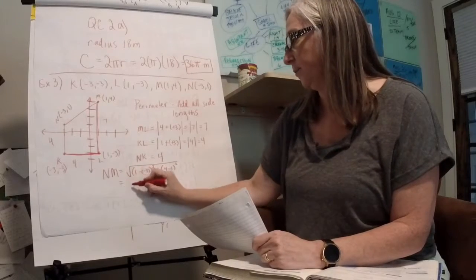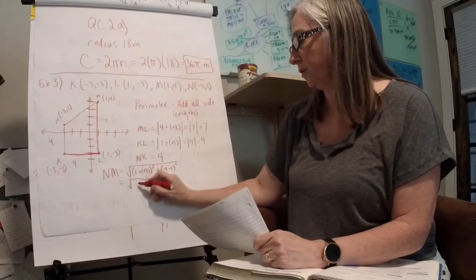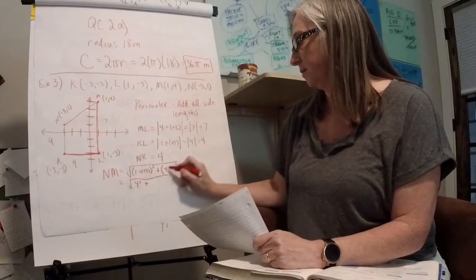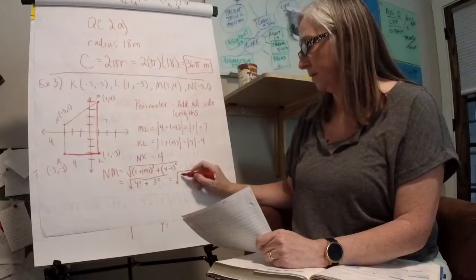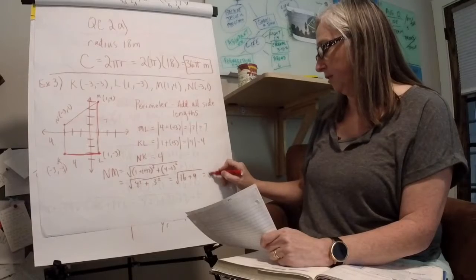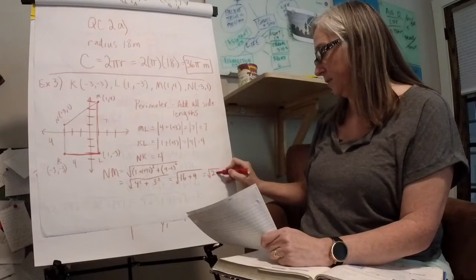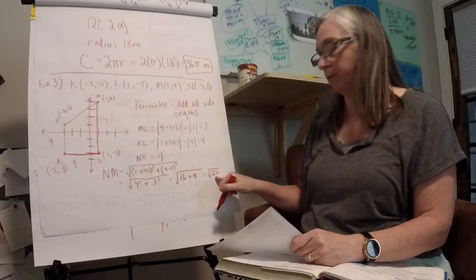All right, this becomes 1 plus 3, so that's 4 squared plus 3 squared. So I'm going to have 16 plus 9 under the square root, and then that will give me the square root of 25. Okay, this is a perfect square, so we can take the square root, and that would be 5.